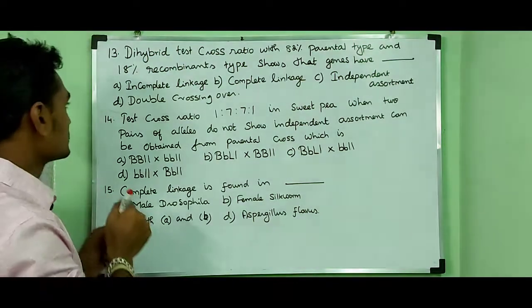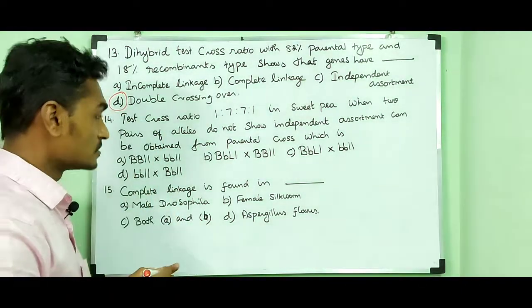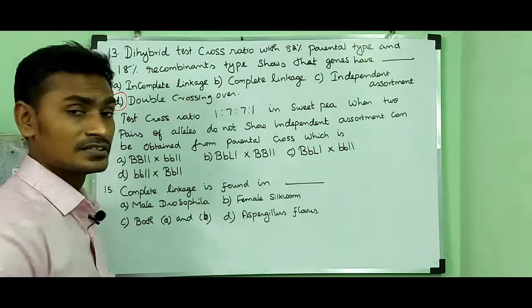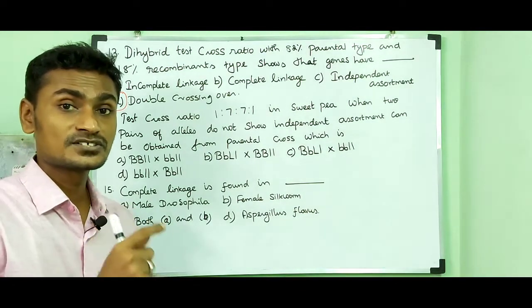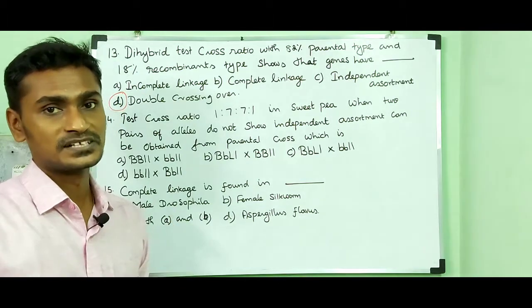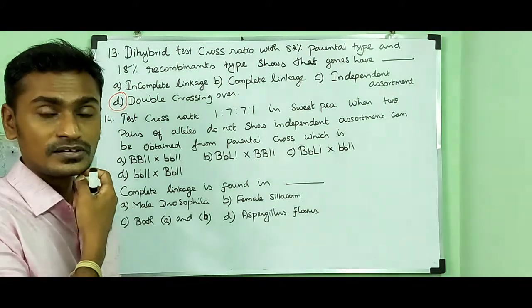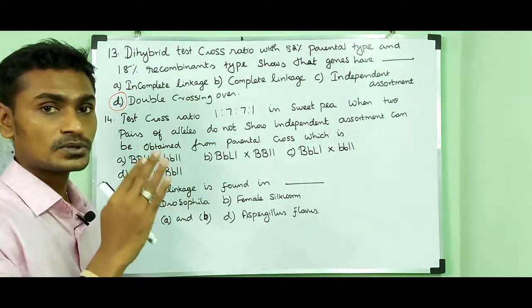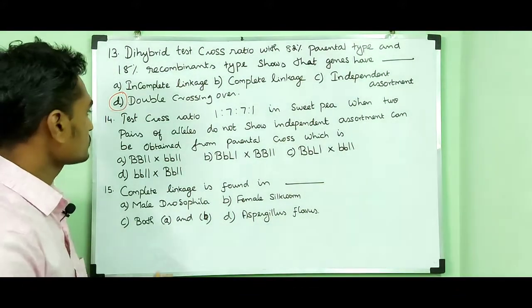So that option is D, double crossing over. Due to double crossing over, two chiasmata are formed, resulting in the exchange of alleles only. That is why the recombination shows lower frequency.